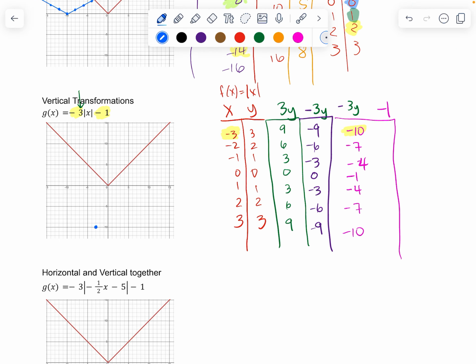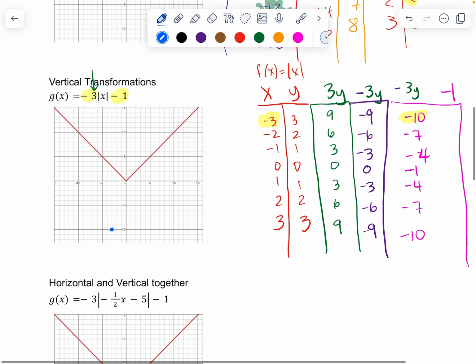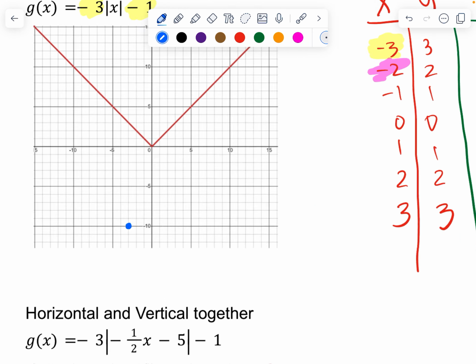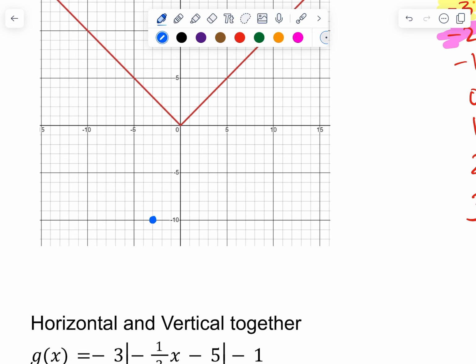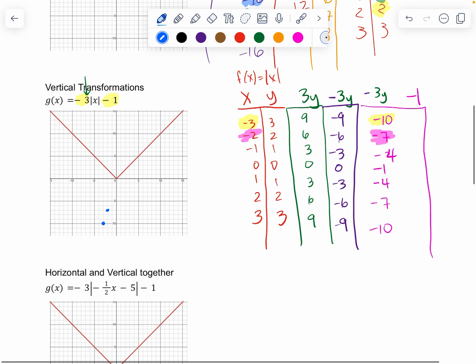And then I'm going to have negative 2, negative 7. And then I'm going to have negative 1, negative 4.